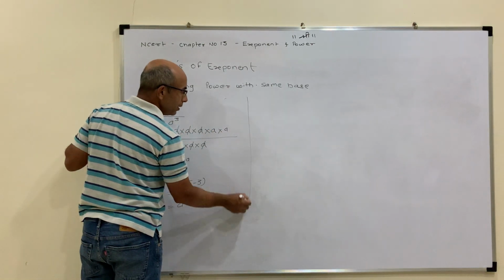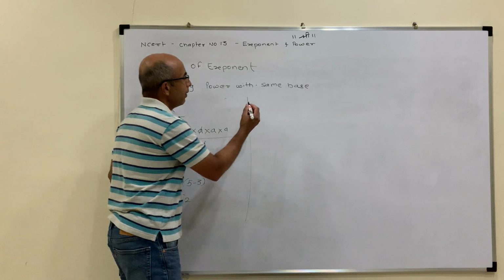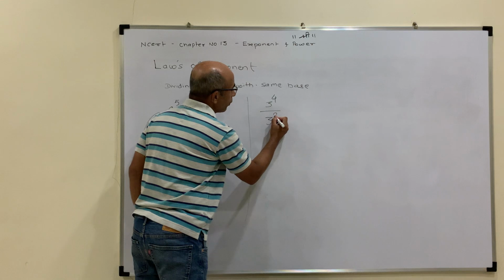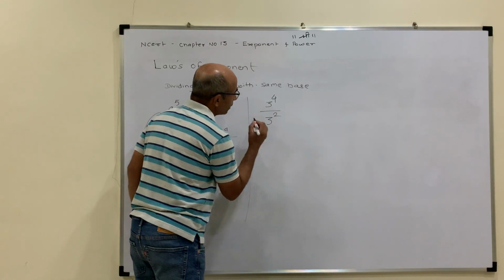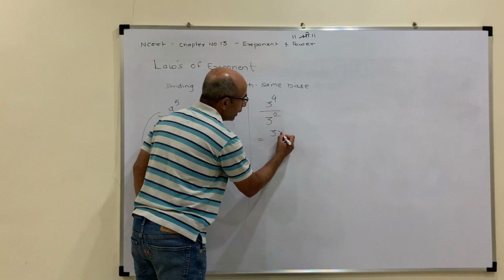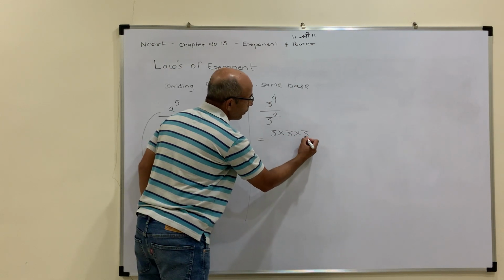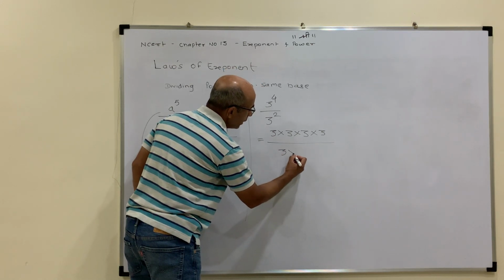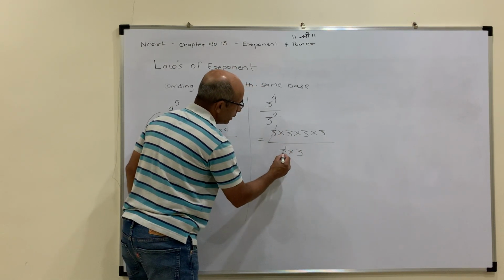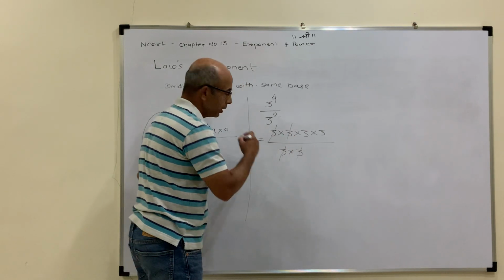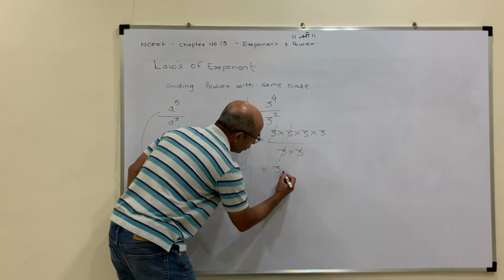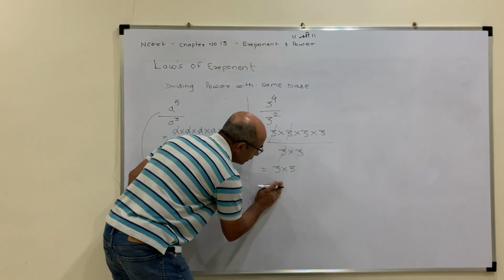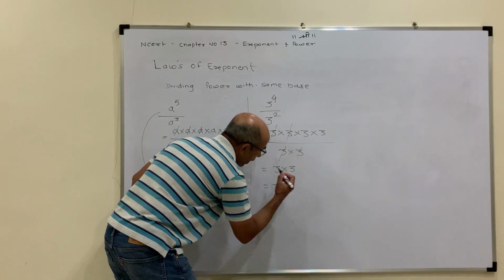Now let's check with a numerical example. Now I say 3 raised to 4 divided by 3 square. So how am I going to write 3 raised to 4? 3 into 3 into 3 into 3 divided by 3 into 3. So this 3 gone, this 3 gone. So what is left is 3 into 3, which is nothing but 3 square.